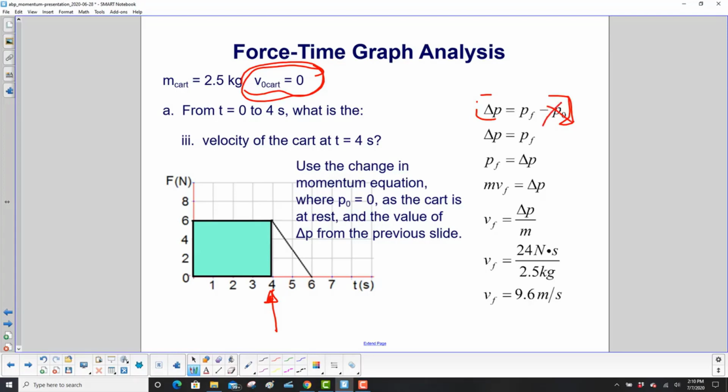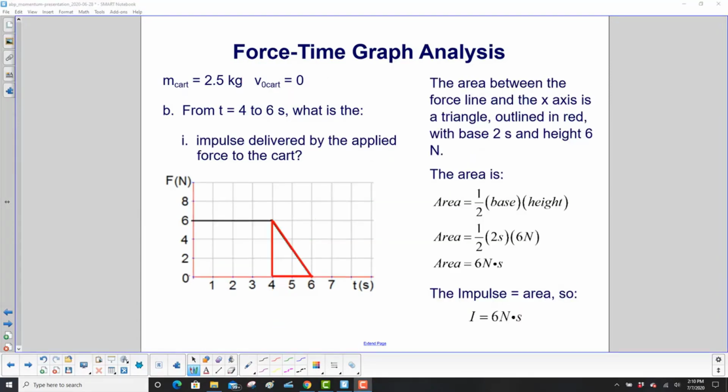Cancel that right out. So the change in momentum is the final momentum. Switch the equation around. So we have PF is delta P. And what is momentum? Well, it's mvf, right? We're interested in our final velocity. mvf is delta P. Divide both sides by m. And then finally put the numbers in, and we get a final velocity of 9.6 meters per second.